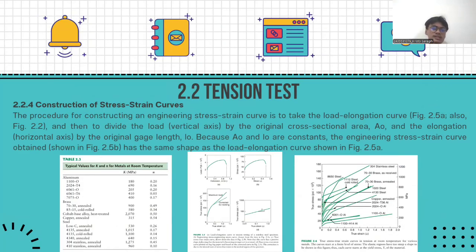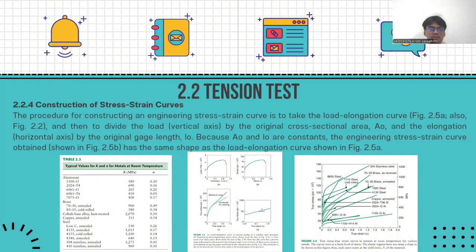Construction of stress-strain curves. The procedure for constructing an engineering stress-strain curve is to take the load-elongation curve, Figure 2.5a, also Figure 2.2, and then divide the load, or vertical axis, by the original cross-sectional area A0 and the elongation, or horizontal axis, by the original gauge length.